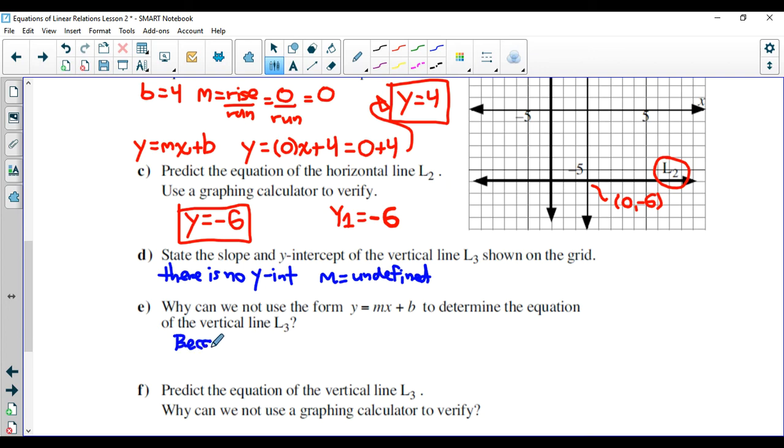Okay, so why can't we use this form? I would say because the slope is undefined. If the slope is undefined, you can't plug it into a defined equation like y equals mx plus b, and there is no y-intercept.